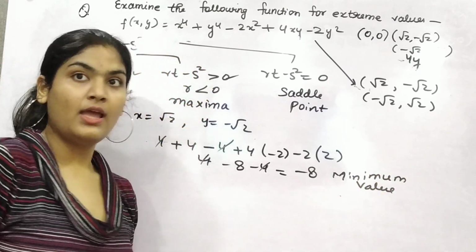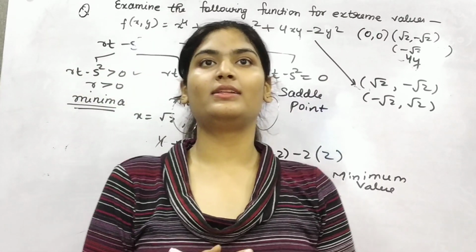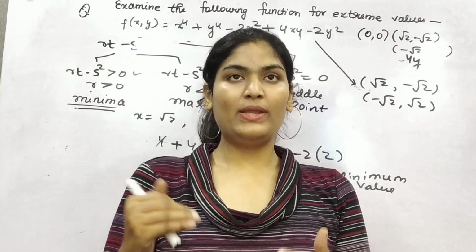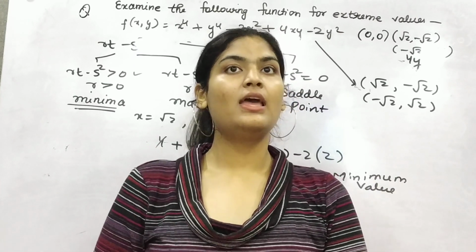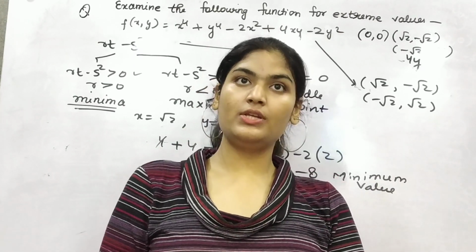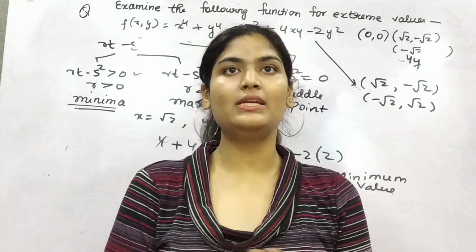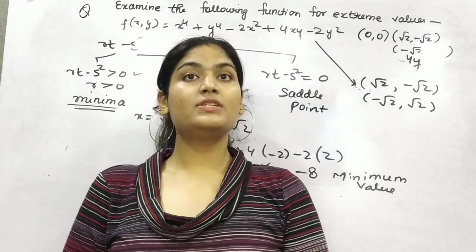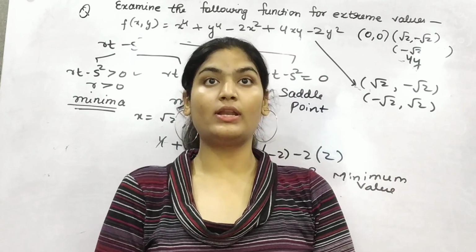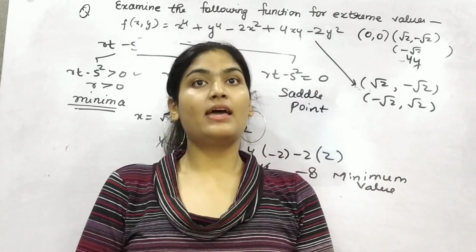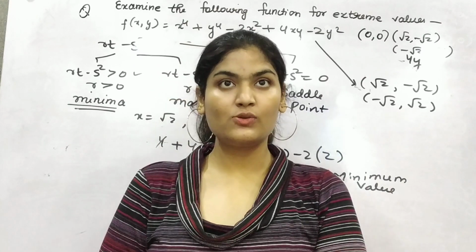I hope you understand this topic. This is something which is easier if you follow the sequential steps. Firstly, find out partial differentiation with respect to x and y. I'm just recapitulating. Thereafter, put them as 0 and find the values, the coordinates for x and y. Thereafter, find out RT minus S square.